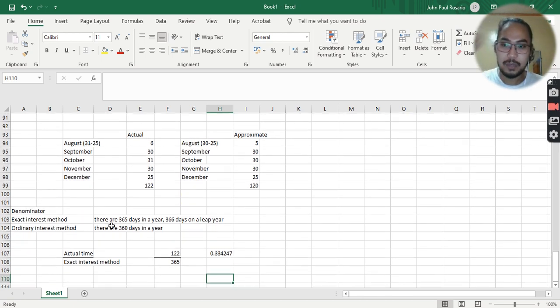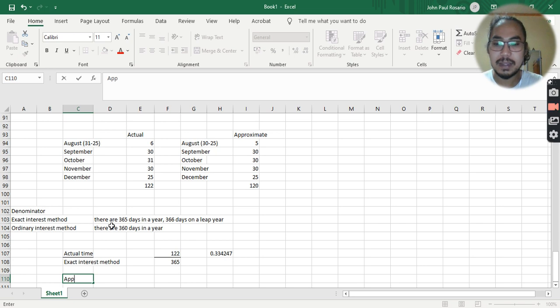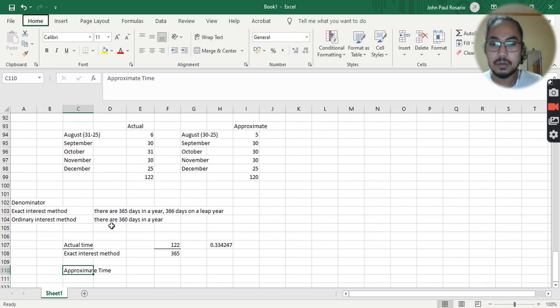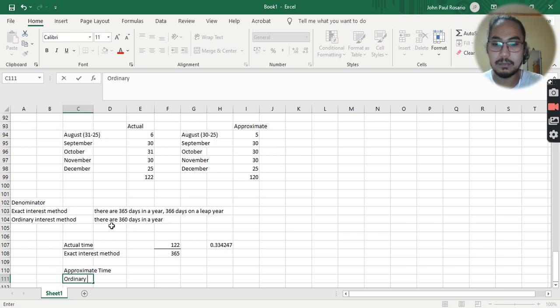Now, another option is approximate time. So for approximate time, its counterpart would be the ordinary interest method.